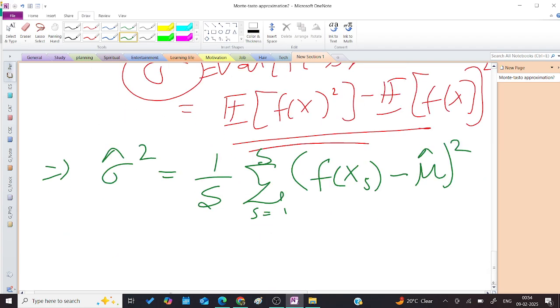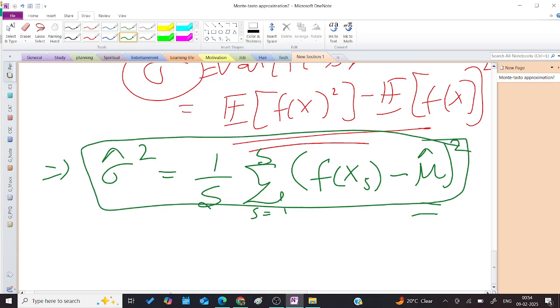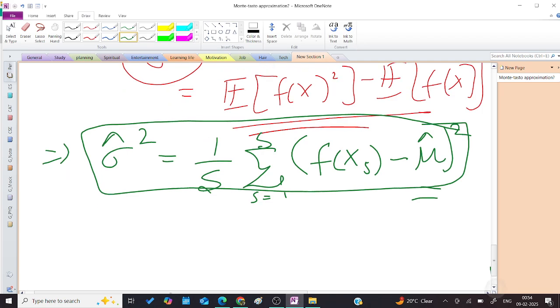Okay, since exact mu is not possible, we are considering mu hat here. So this will give our approximated variance value, sigma hat square.